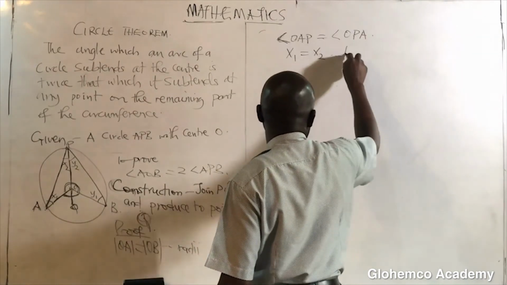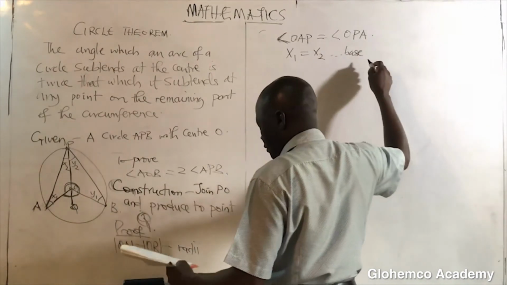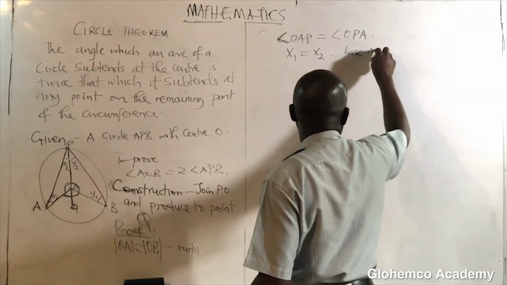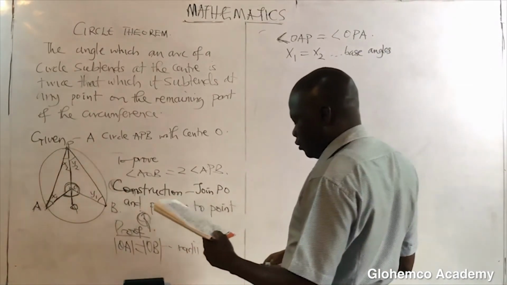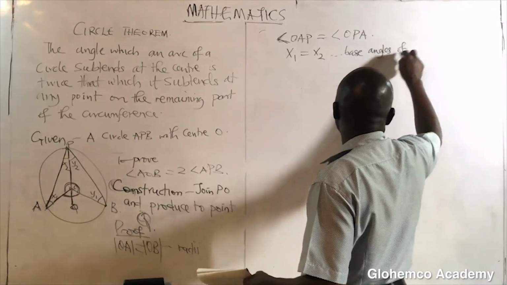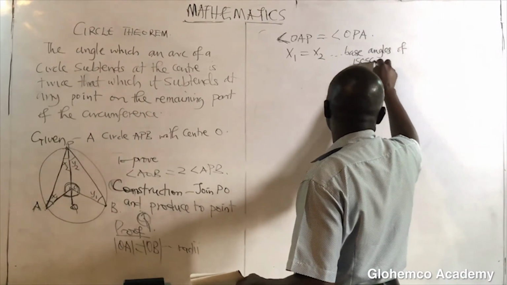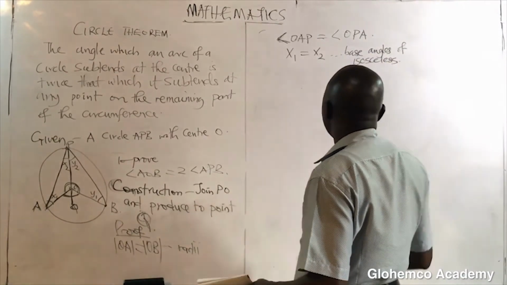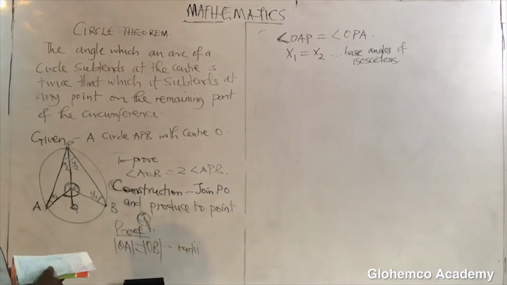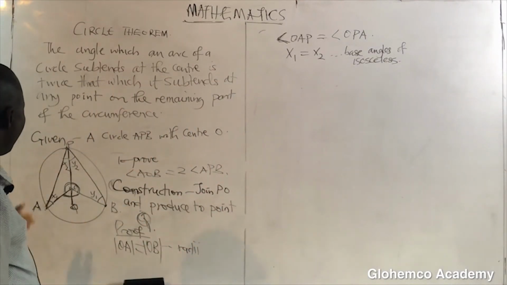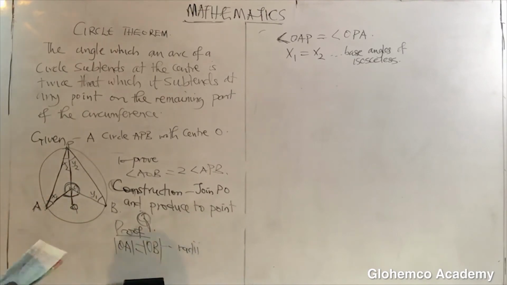The base angles of isosceles. Base angles of isosceles. x1 equals x2 are the base angles of an isosceles triangle. That is the first proof.